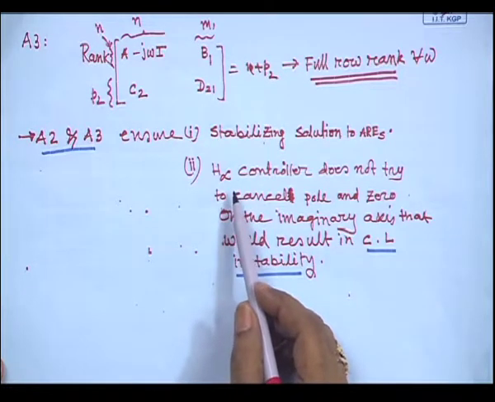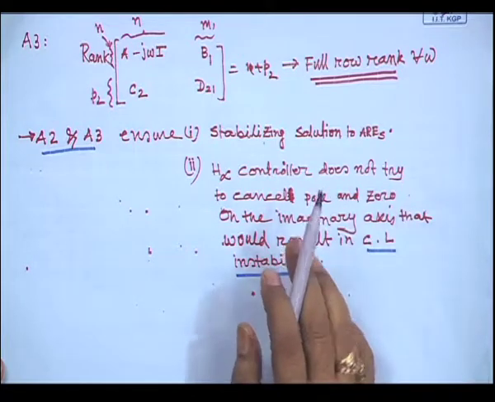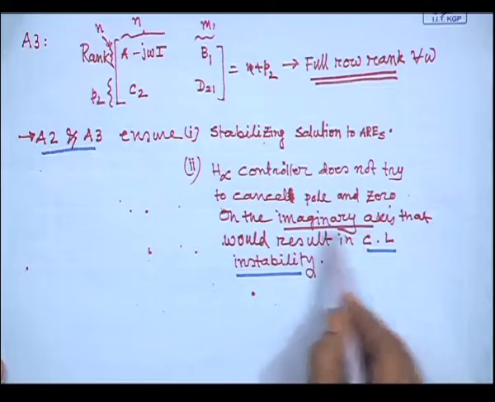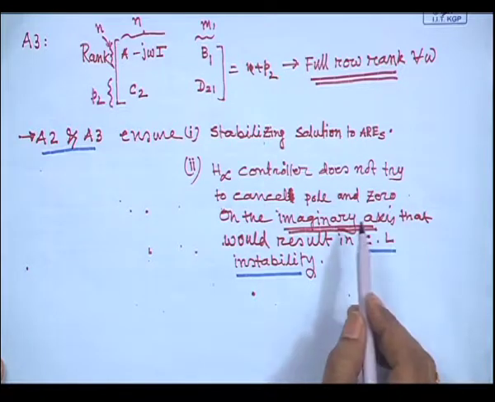And not only this, when you design the H infinity controller, it ensures there is no pole-zero cancellation on the imaginary axis. So, this ensures that the system will be internally stable.